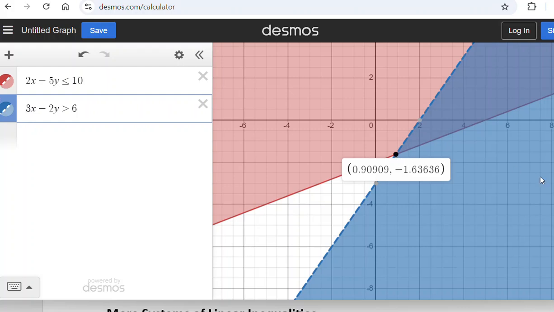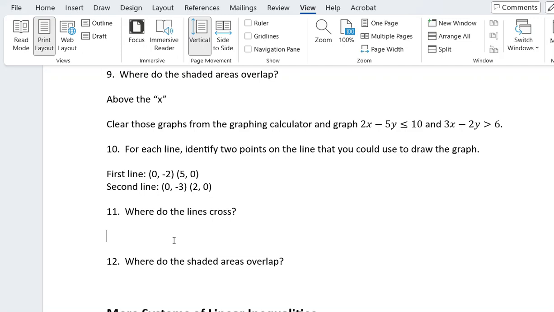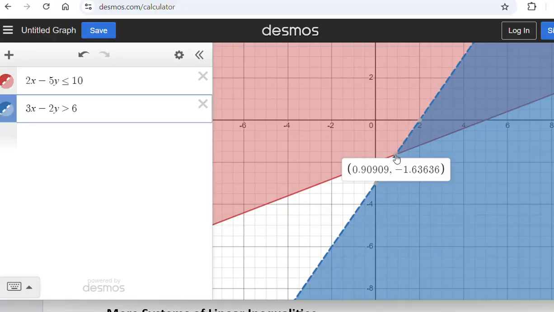This one, the point where they cross is not as nice, so I'll just write that 0.90909 is the x-coordinate of that point, and the y-coordinate, -1.63636.